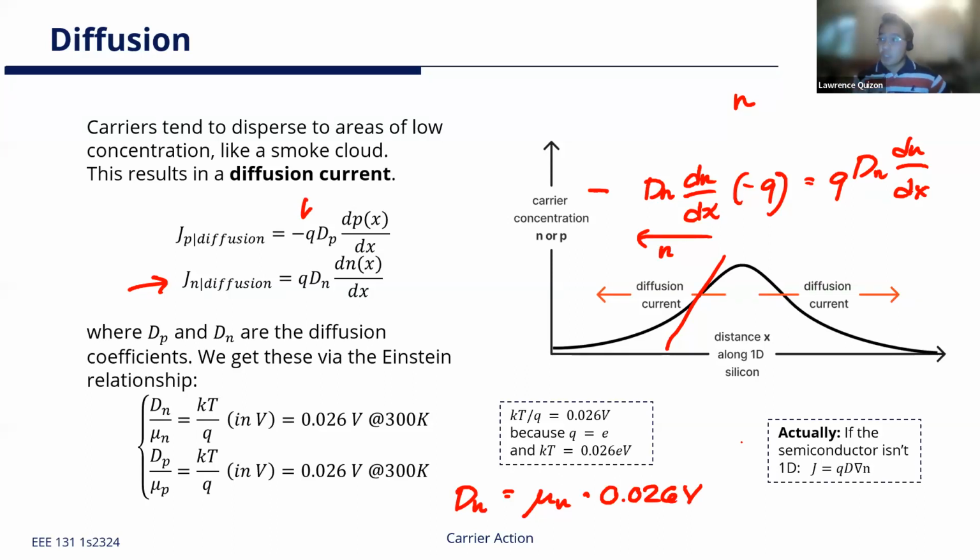I told you, you guys will encounter this a lot. This is kT over Q. Since kT is 0.026 electron volts and Q is equal to E, that's E over E, so the E cancels, right? So this is mu n times 0.026 volts. And likewise, that's how you get the P-type diffusion coefficient as well.